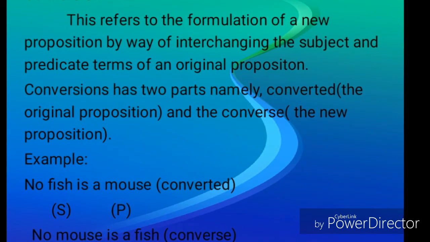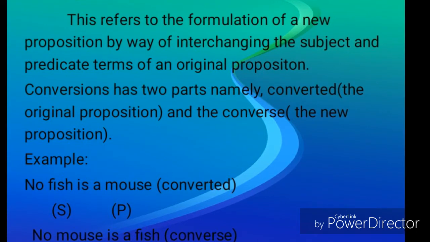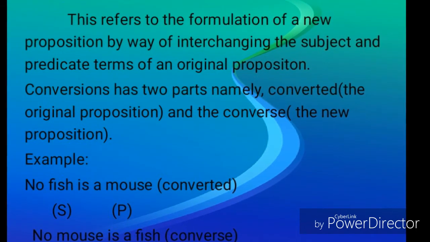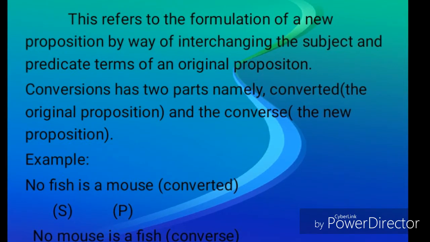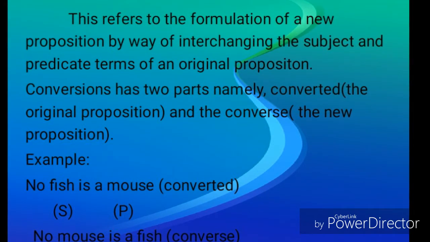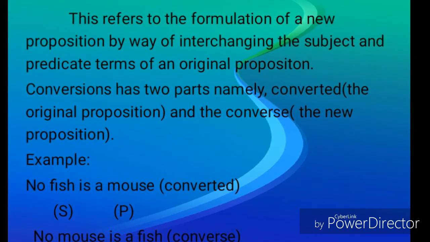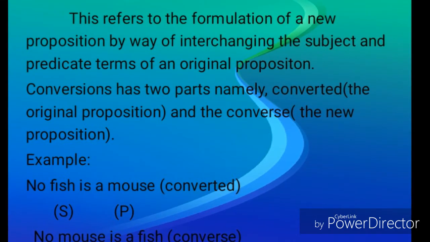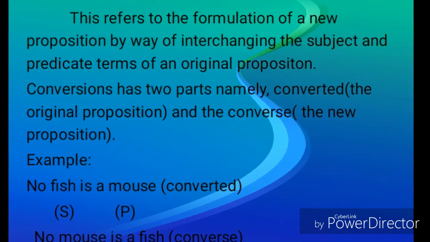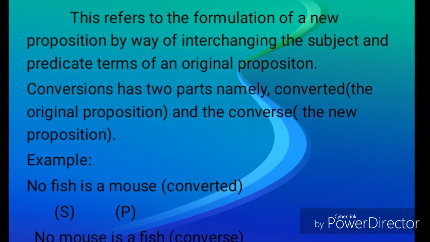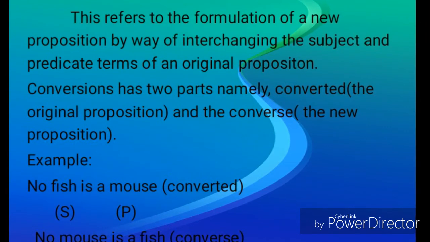Conversion has two parts, namely the convertend and the converse. The convertend is the original proposition, and the converse is the new proposition. Example: no fish is a mouse. Converse: no mouse is a fish.